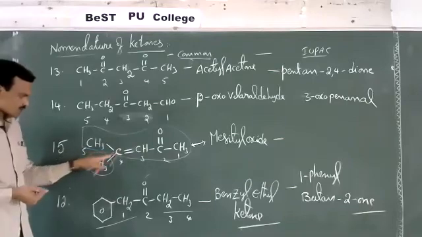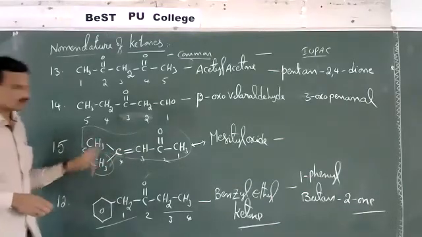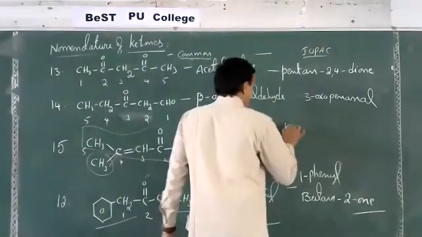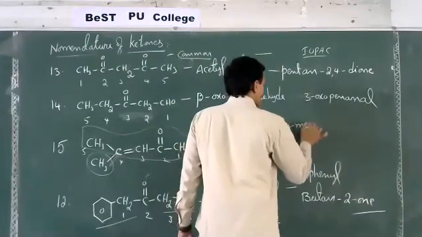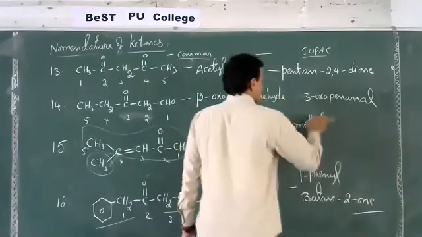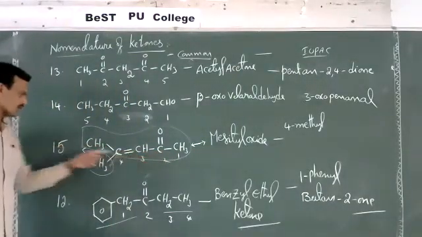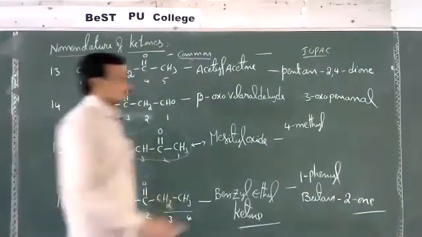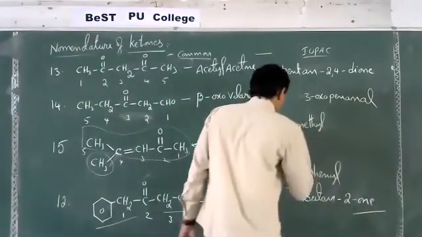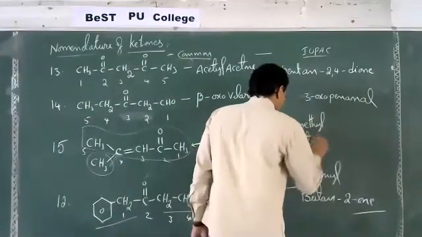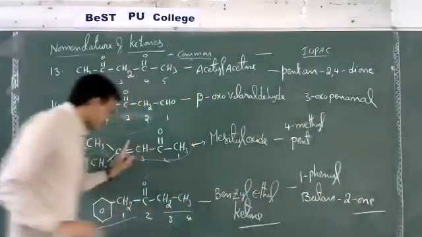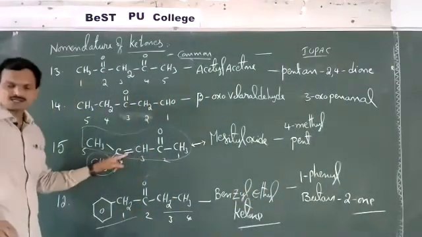At the fourth position, methyl group is there as branch. So now this is 4 methyl. Total 5 carbons are there. So the root word is pent. Okay. Now after third carbon, double bond is there.